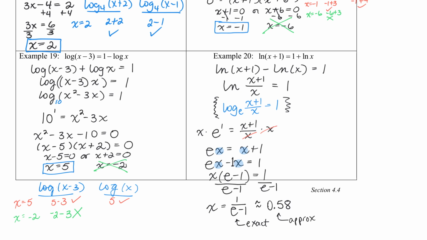approximation, right? And I need to check to make sure that this is going to be a valid solution. And recall that the way that I do that is I check that proposed solution in both of the logarithms. In this case, there were two, right, involved in this particular equation, natural log of x plus 1 and natural log of x. And my proposed solution is x equals 0.58, right?